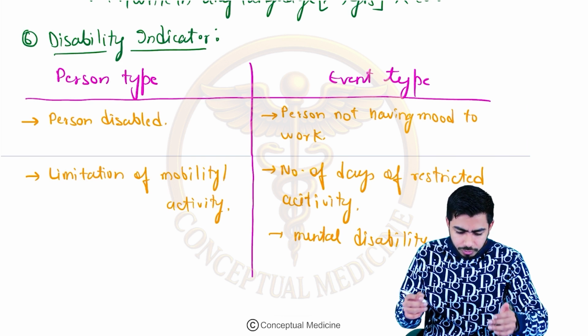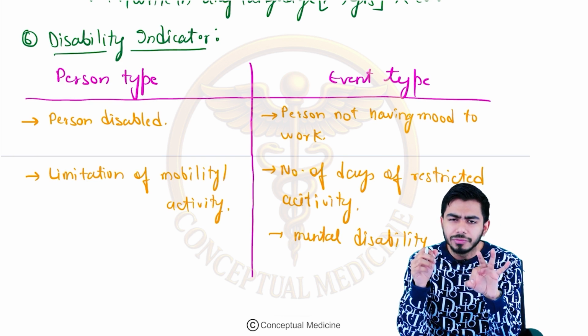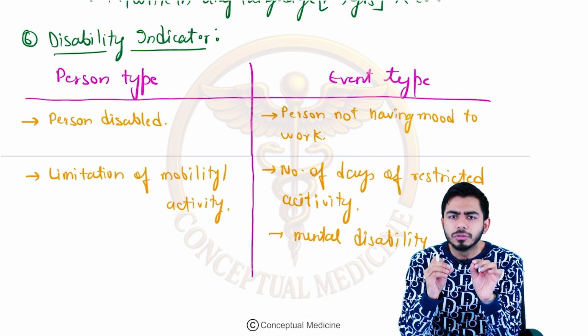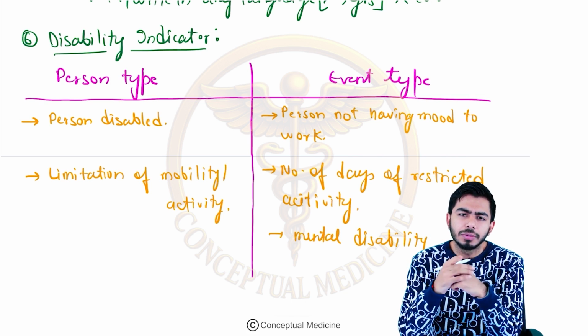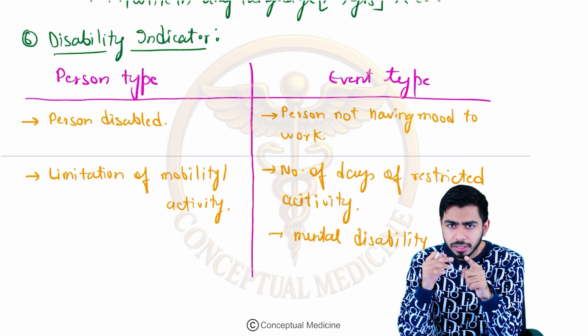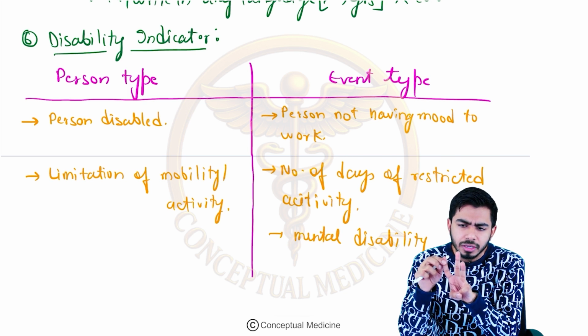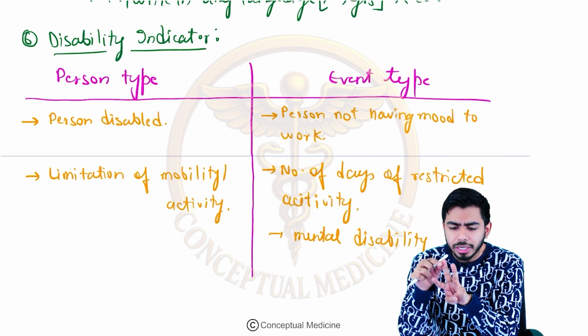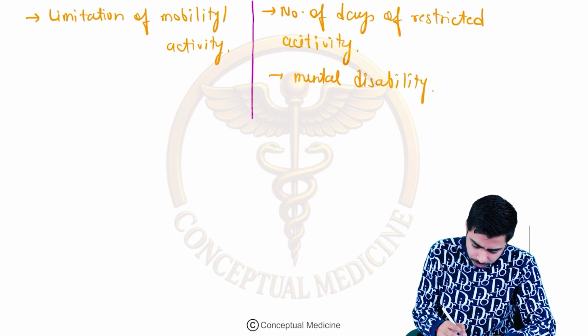Okay, now let's move further. Now I'm going to talk about three very important scenarios in the disability indicator only, and that is tested very, very frequently by the examiners. These are three important parameters: one is the impairment, another one is the disability, and the third one is the handicap. Let's talk about them as well.